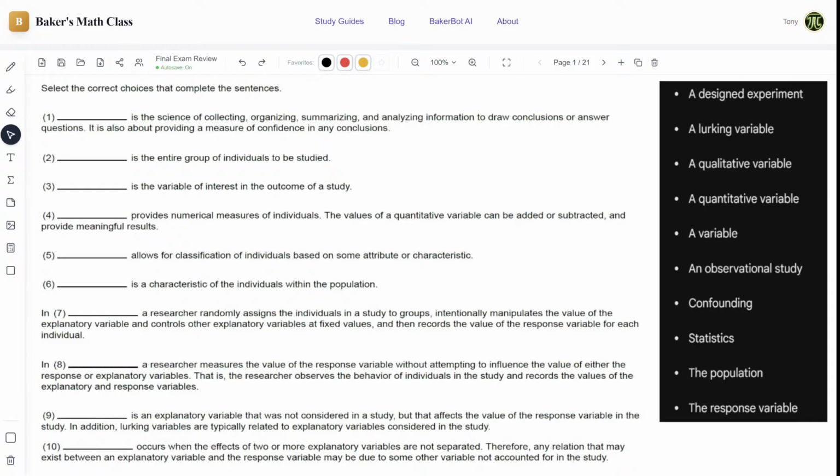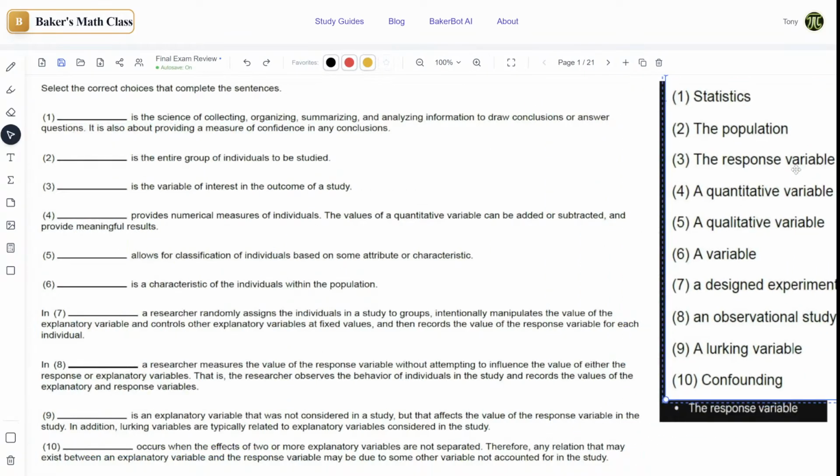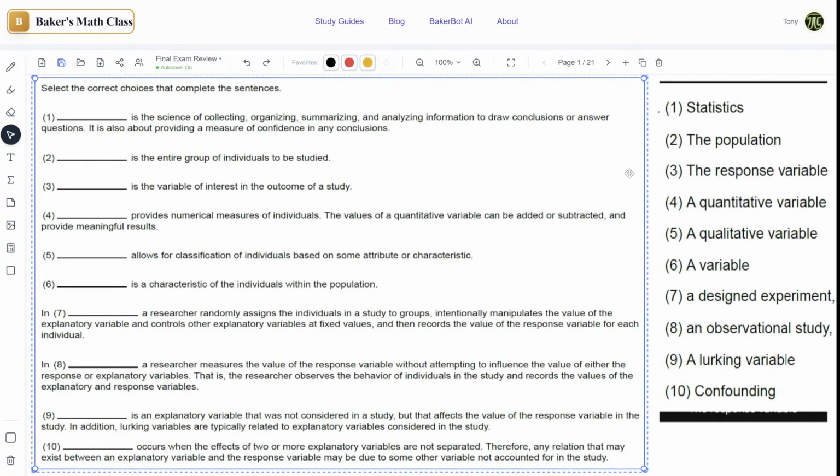Okay, let's go. I could have just done it this way. Statistics is a science of collecting and organizing numbers. The population is the entire group of individuals to be studied.